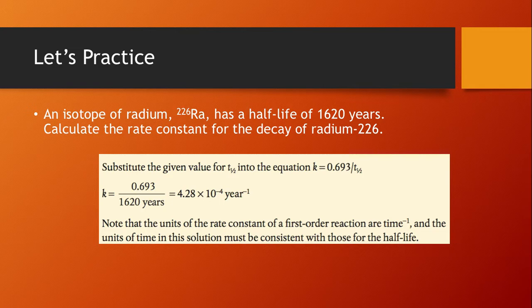Note that the units of the rate constant of a first-order reaction are time to the negative 1 power, and the units of time in this solution must be consistent with those for the half-life. Since the half-life is given in years, our rate constant is going to be year to the negative 1 power.